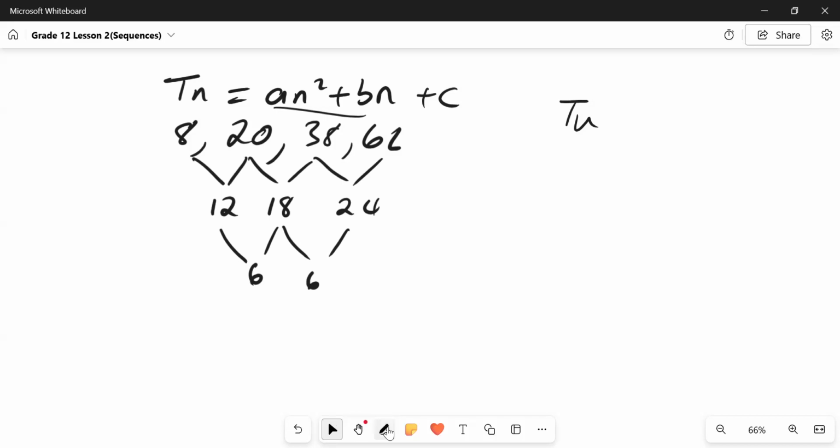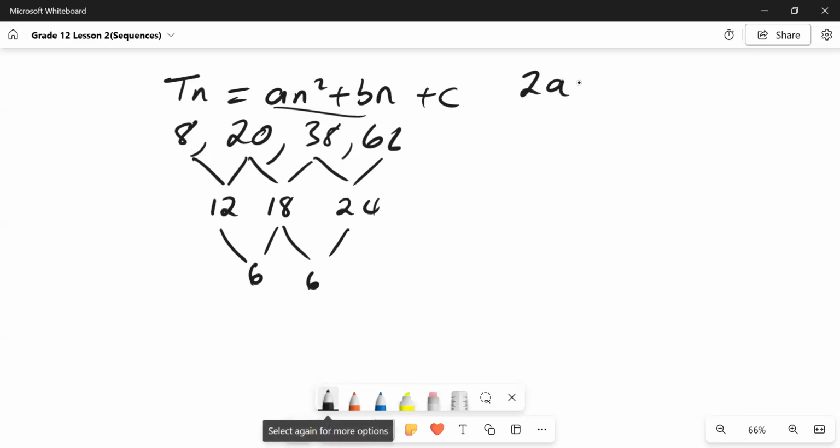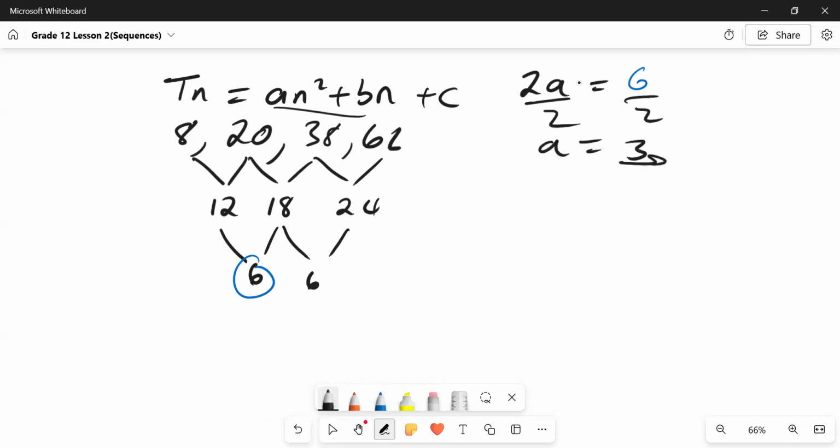And then from here, we use these formulas. 2a equals 6. Divide both sides by 2, and then a equals 3.